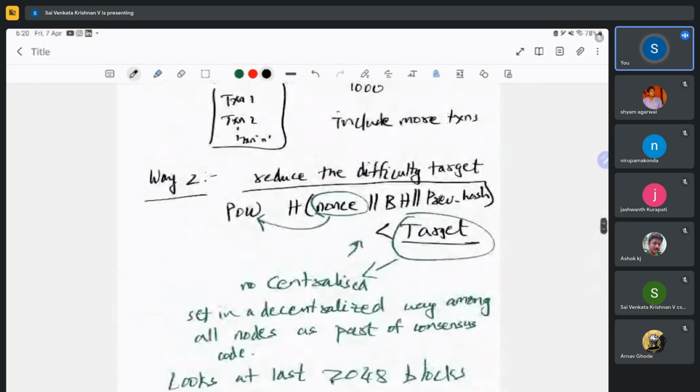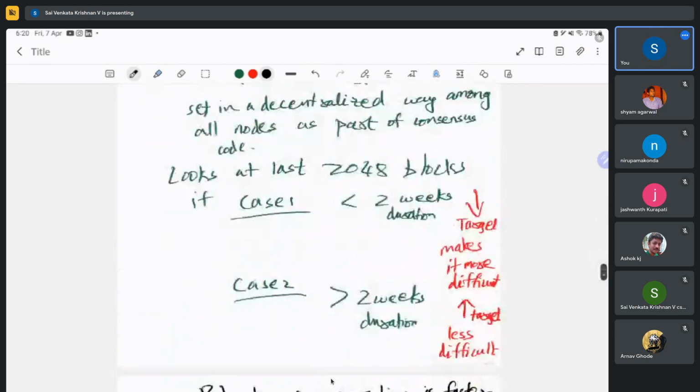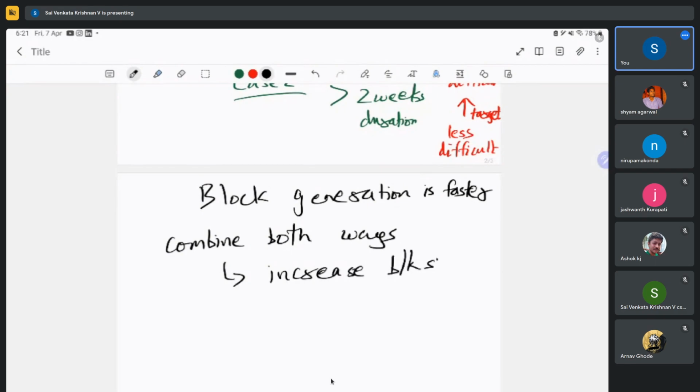So these are the two ways of increasing the transaction throughput per second. And you can obviously combine both ways, as in you can at the same time increase the block size as well as reduce the difficulty target.